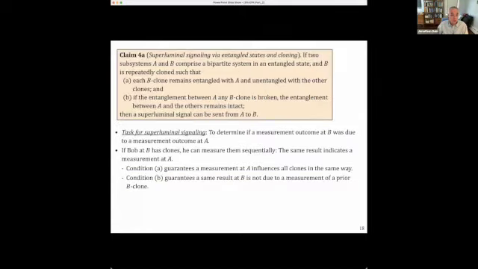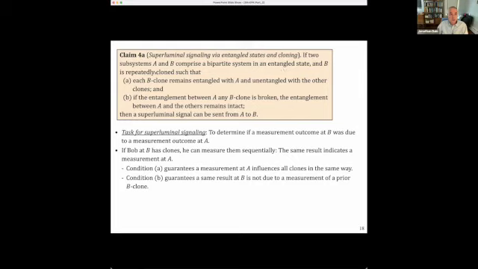The first is, let's call it, superluminal signaling via entangled states and cloning. Here's a method for sending superluminal signals using entangled states if we have access to cloning, right? If the no cloning theorem can be violated.